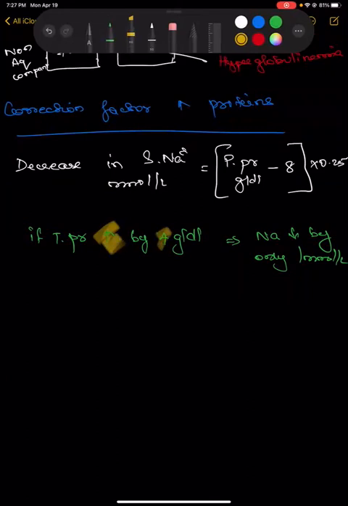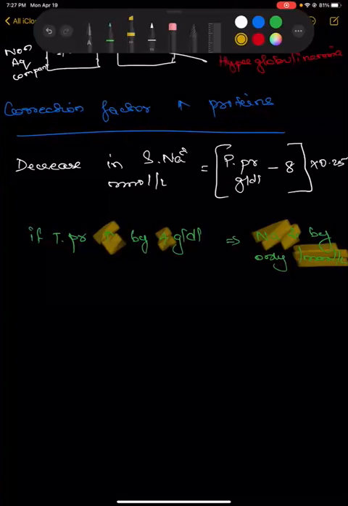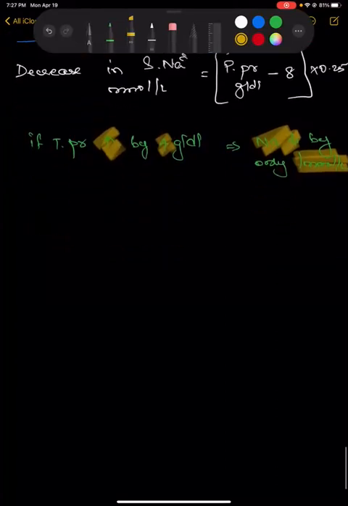For every raise of 4, my sodium would drop only by 1 millimole, which is very less. So unless our protein levels are very high, especially in malignant conditions like MGUS or multiple myeloma or globulinemias, this is not significant. Or else in normal patients, usually we don't encounter a very high protein level.